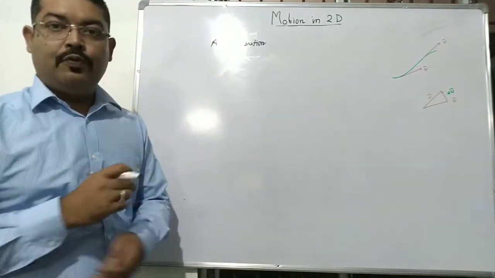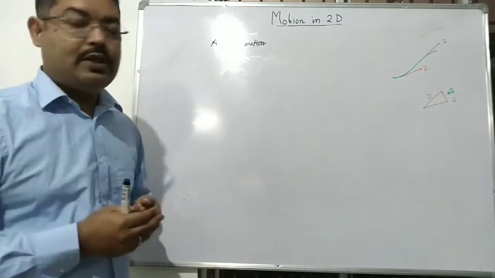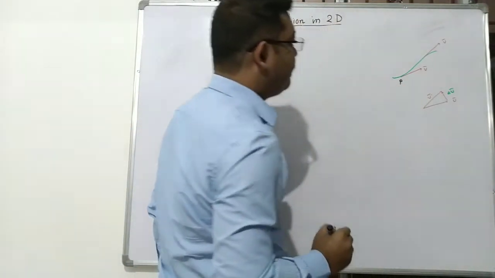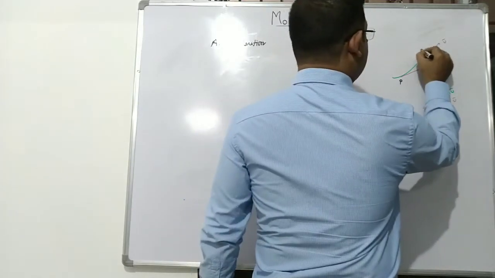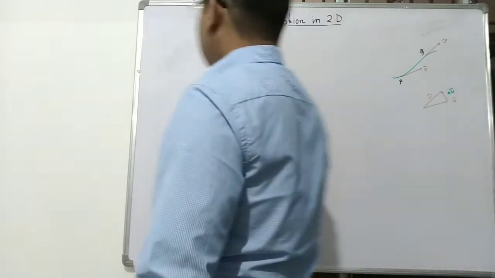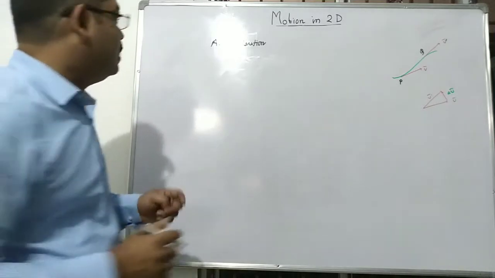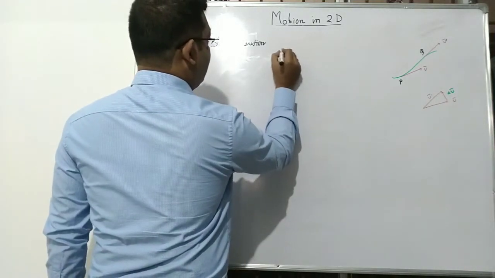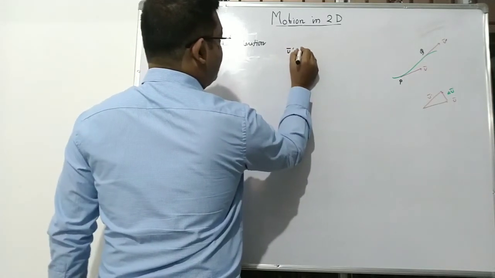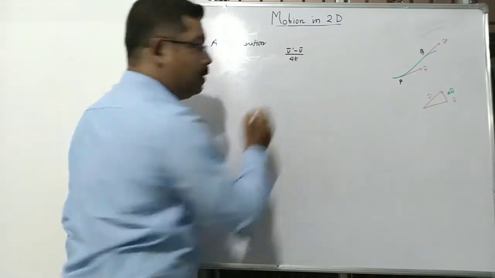Now let us say a particle is moving, and the motion is not constant, that is, its velocity is changing. Let us say at some particular point P its velocity was V, and at some other point Q it has become V dash. So what is the average acceleration, the change in velocity per unit time? Average acceleration is given by final velocity V dash minus initial velocity V, divided by the time taken.